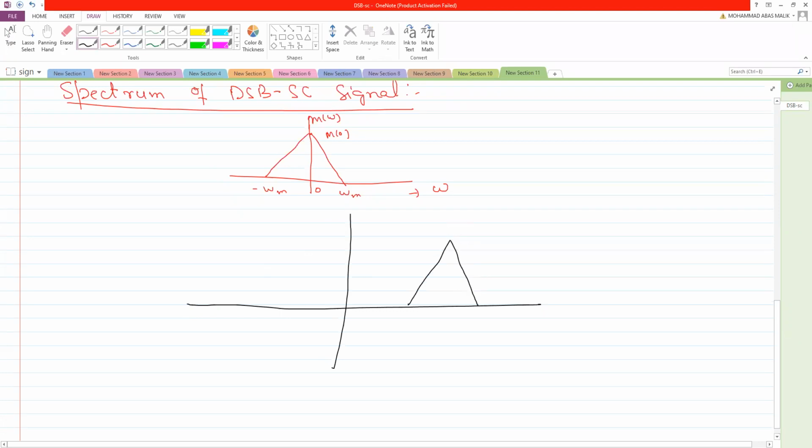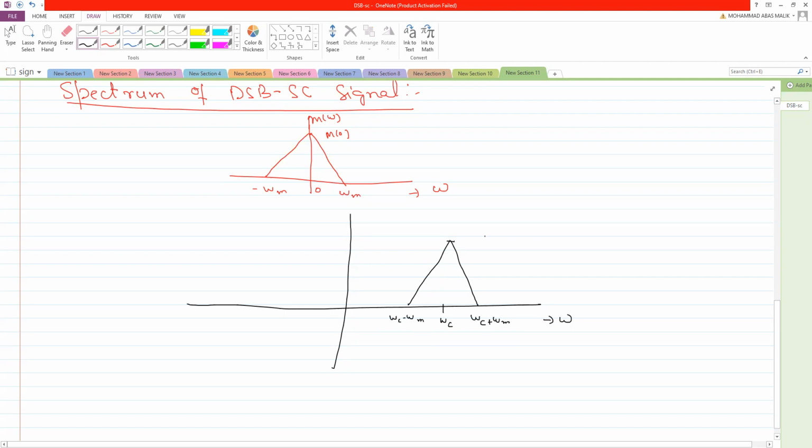There will not be any spike here, because you know that in case of double sideband full carrier, there was one spike here, called a delta signal. There will not be any spike here. So this is omega, and this one will be your omega c. This one will be omega c plus omega m, and this will be omega c minus omega m, right?